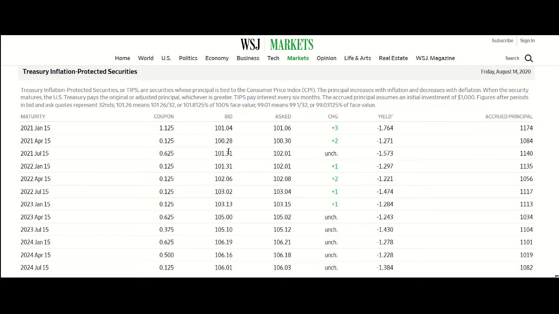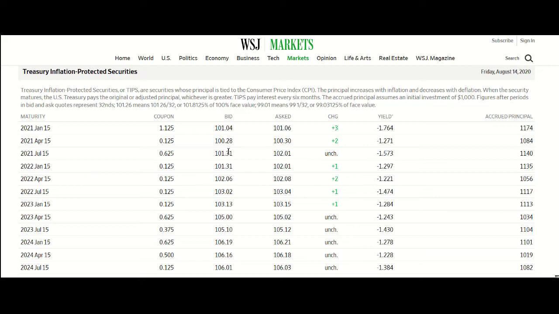So $1,000 face value, you just chop a zero off, and it's a function of 100. Basically divide it by 10. And so here you got bid and ask prices as a function of 100. And so you got a 101.04 for a bid and 101.06 for the ask. Since these are in dollar amounts, the dealer will buy them at 101.04 and sell them at 101.06 for a small spread. Now the change in price was up just a little bit.